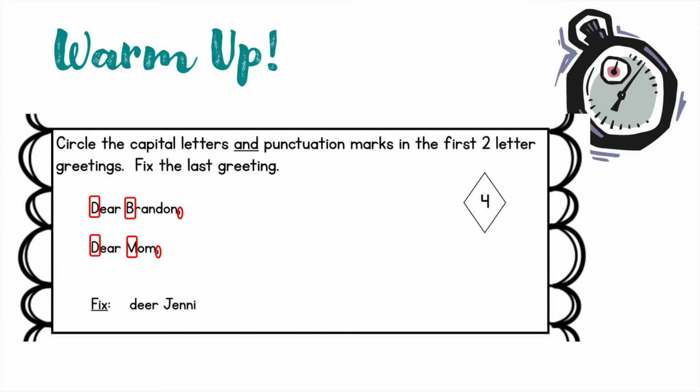Now look at the greeting that you were fixing. Dear Jenny. Ooh, I noticed that deer is spelled with double E, which means it's referring to the animal, not to the greeting in a letter. And I also noticed that there is no comma after the name Jenny.